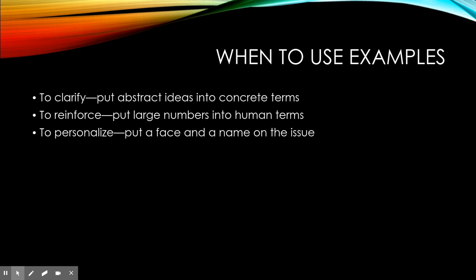One of the best examples I saw of that was somebody listed off all the towns in Iowa that you'd have to go through to get 250,000 people. 250,000 people is enough that most of us can't picture that, but we can picture about how many people are in Fort Madison and what it would be like if Fort Madison wasn't there anymore, and how many Fort Madisons that would take. These examples also can personalize.